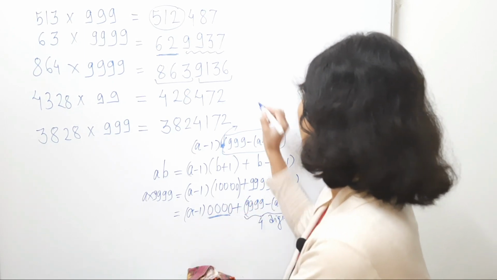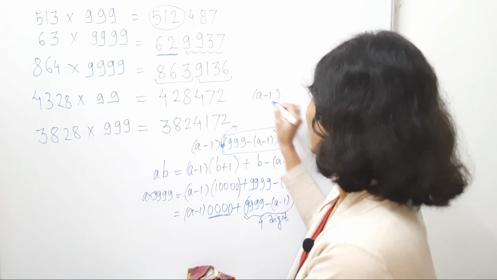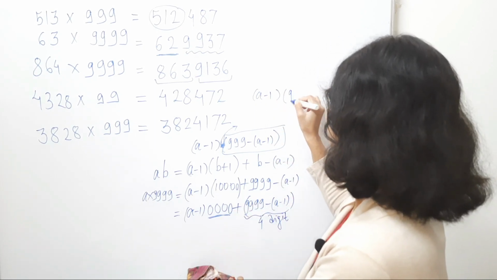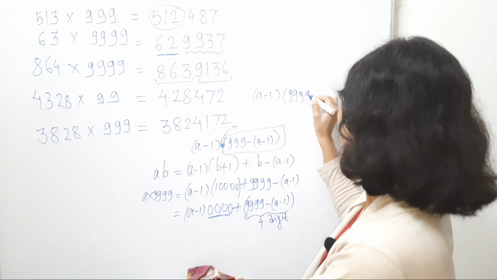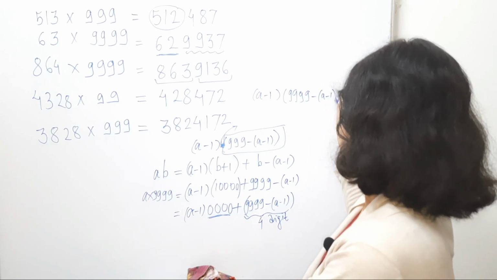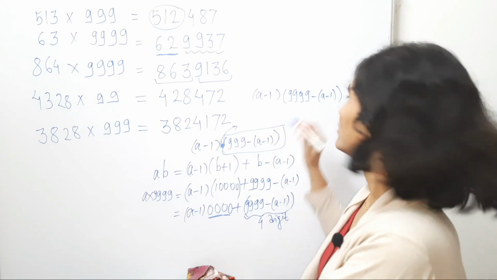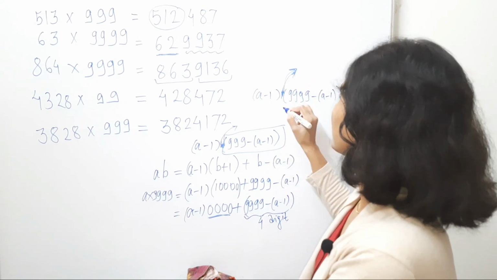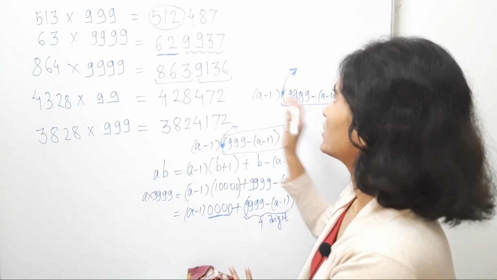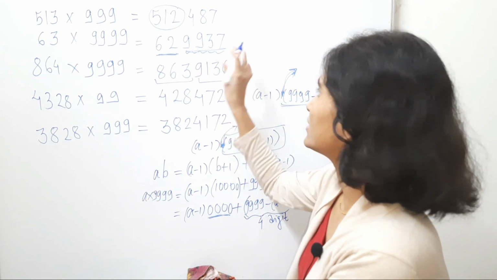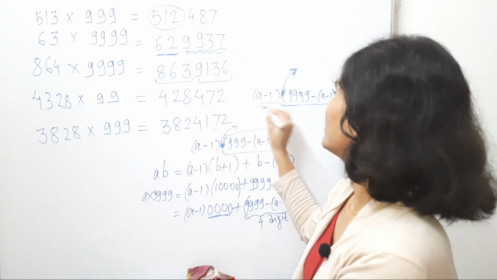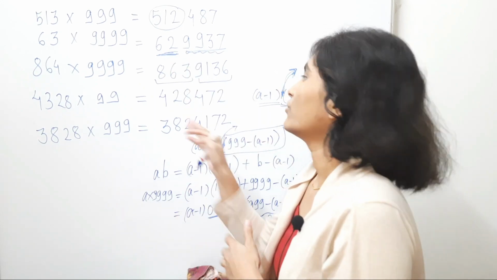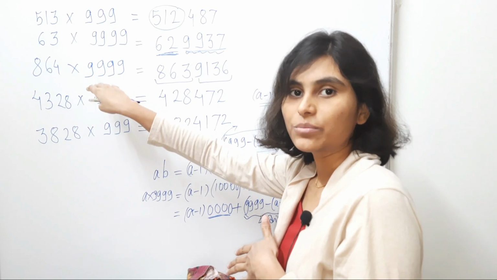So that will be just A minus 1 and instead of these zeros we have 9999 minus (A minus 1). Again the same thing. This is not a multiplication between these two numbers. This is just the remaining part of that number. That means here it is 9937 and A minus 1 is just 62. I hope this is clear to you. Now you can try for the third example.